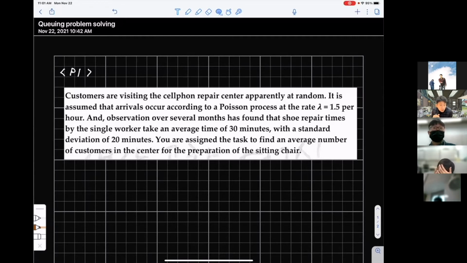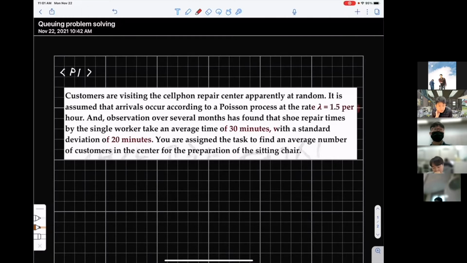And observation over several months has found that, there is some error, this is not shoe, this is a cell phone. Cell phone repair times by the single worker take an average time of 13 minutes with a standard deviation of 20 minutes here.